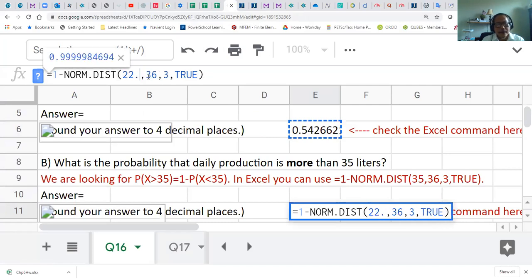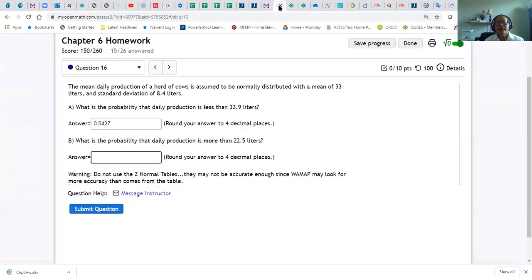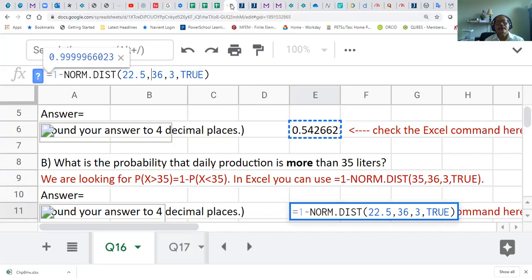Oh, sorry. And then the mean is 33, the standard deviation is 8.4, right?